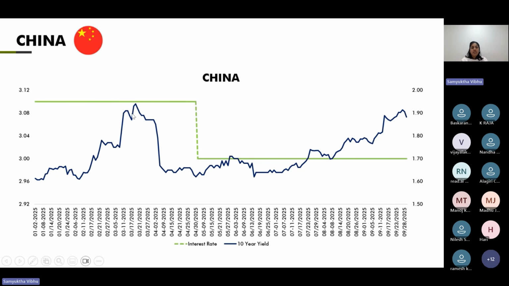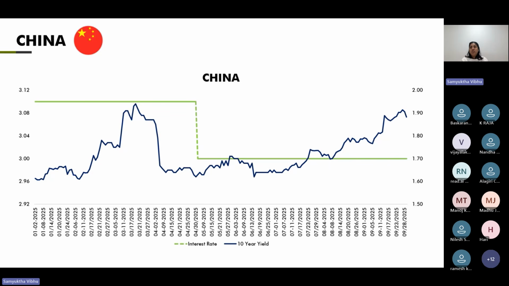So you can see that there is some element of forward-looking nature to these changes. Again, here Chinese yields have expanded roughly 30 basis points. You started out the year at 1.6% as your 10-year yield, and now we are closer to 1.9%.